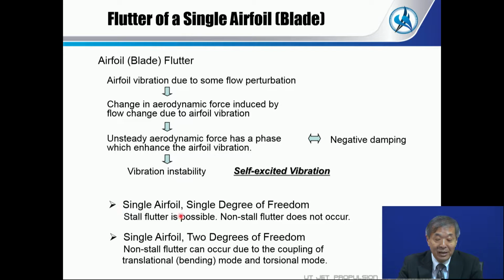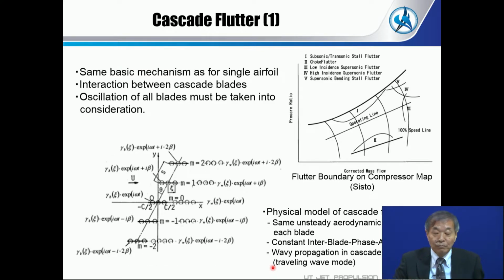In the single airfoil, single degree of freedom case, stall flutter is possible, and non-stall flutter doesn't occur. In the single airfoil, 2 degrees of freedom case, non-stall flutter can occur due to the coupling of the translational mode and the torsional mode. That is the difference, the degrees of freedom. And for cascade flutter, we have to treat the cascade, not a single blade.